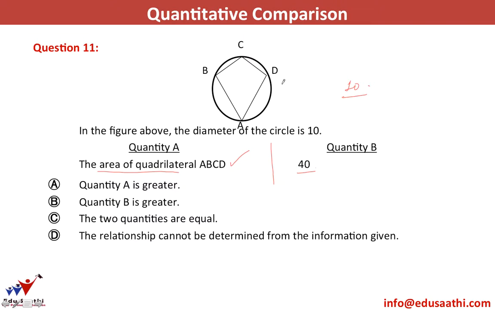If I just look at the diameter of the circle, the problem in this question is I don't know the center. I don't know if this figure is exactly to scale. Does this AC pass through the center of the circle? Even if it does, this AC is 10, but I don't know any other information regarding the length of any other sides.